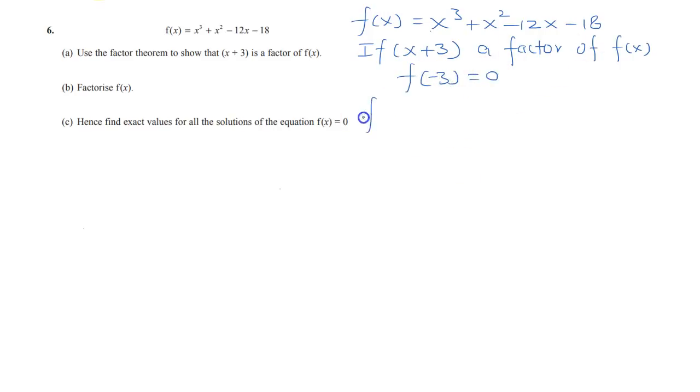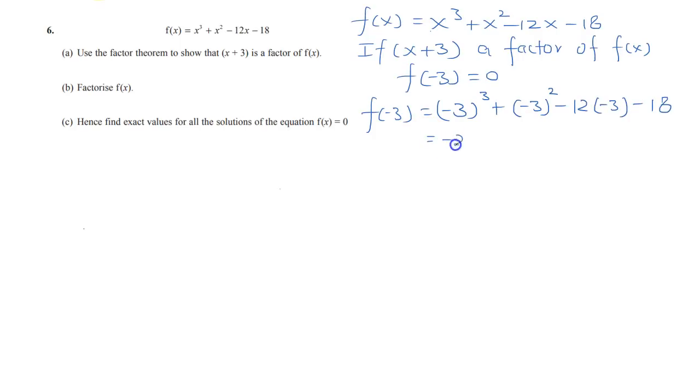So let's try f(-3). So that is (-3) cubed plus (-3) squared minus 12 multiplied by -3 and minus 18.